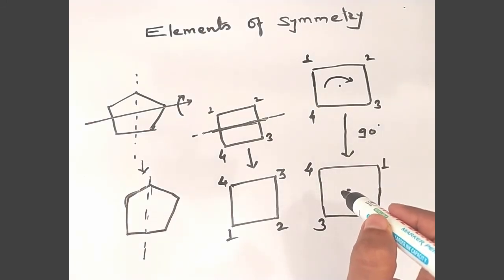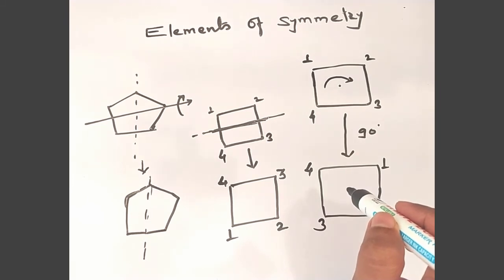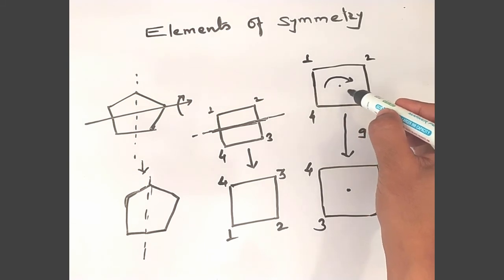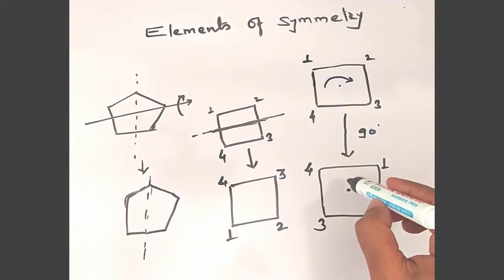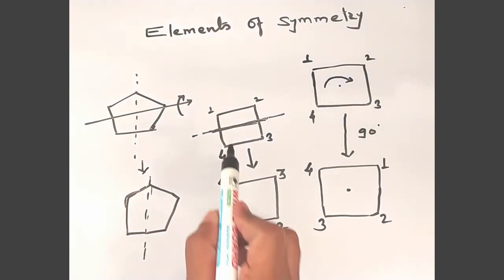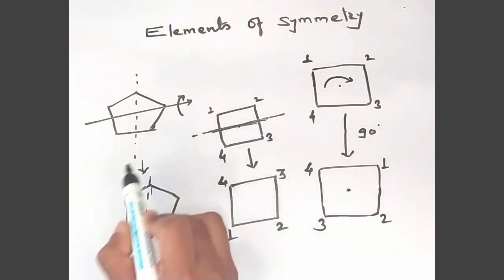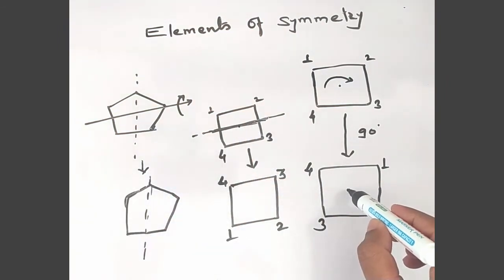Now, one thing you should keep in mind is that this is the point from where the axis of rotation passed, the same point from which a plane also passed. So, all the elements pass through one point.